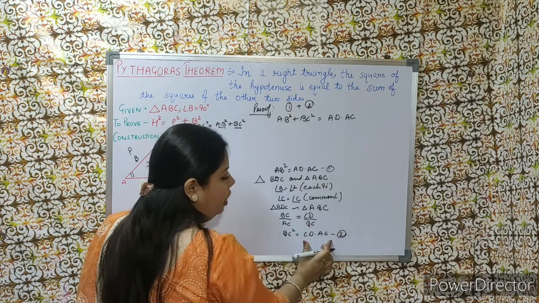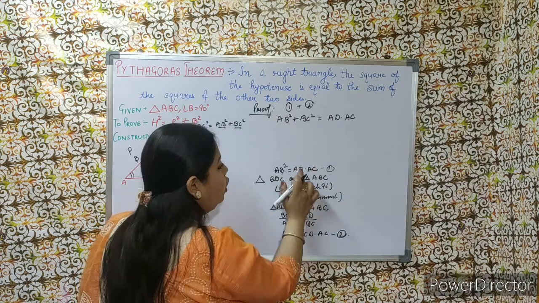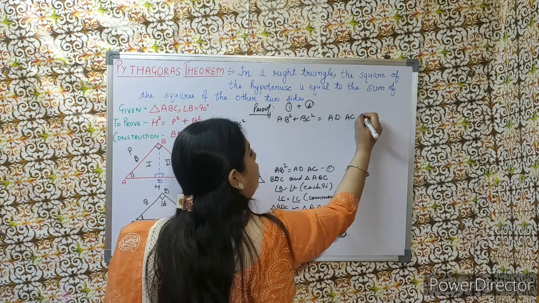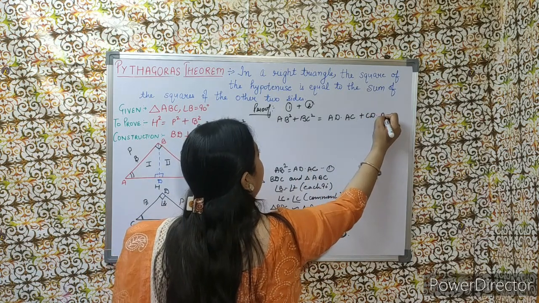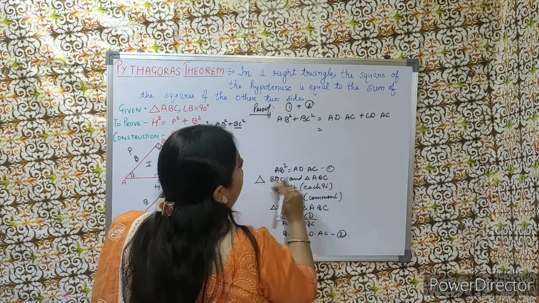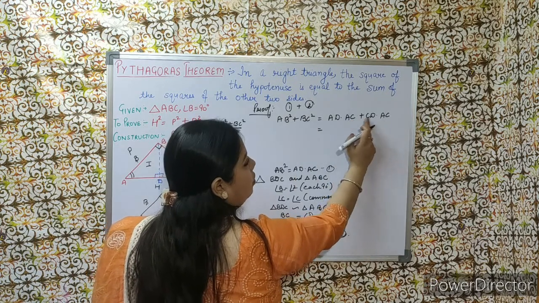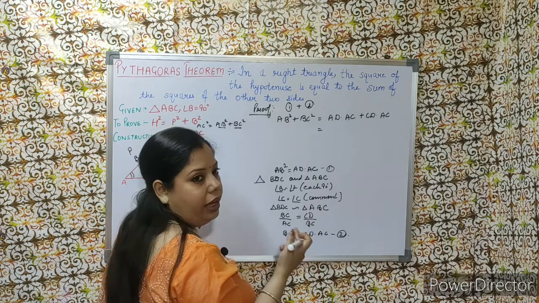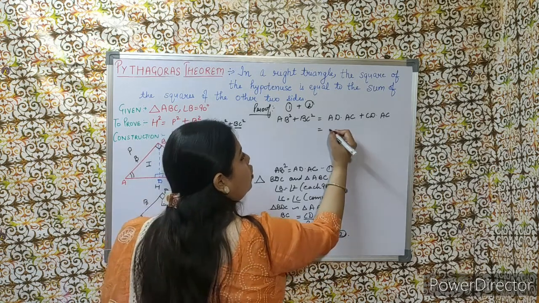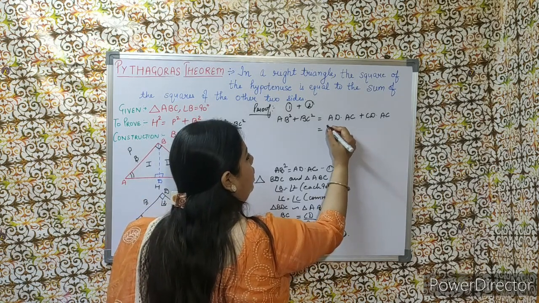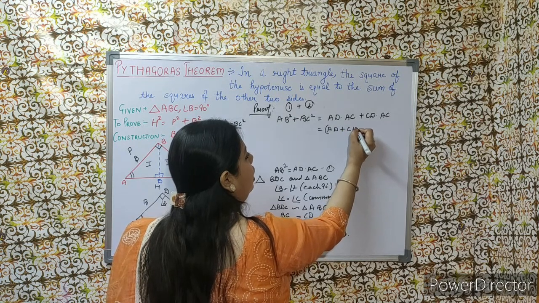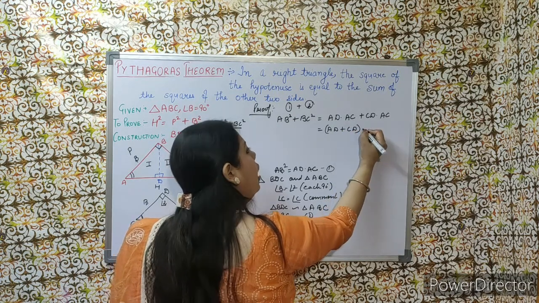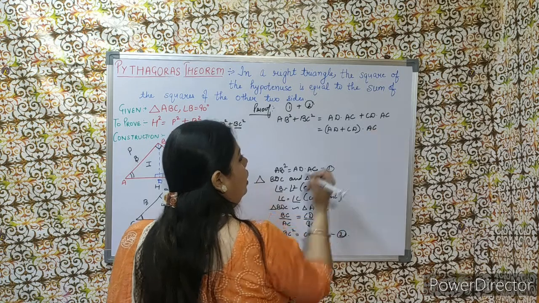Now I will be adding the right hand sides. So AD into AC plus CD into AC. I can see AC is common in both the terms. So what can I do? I can take AC common out. So I can write AD plus CD inside the bracket multiplied by AC.